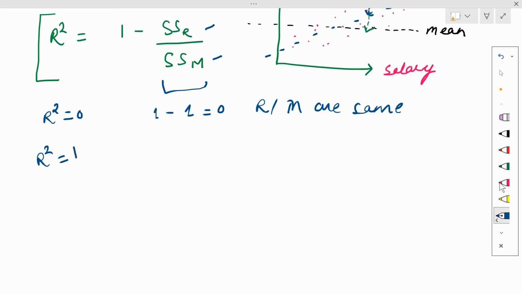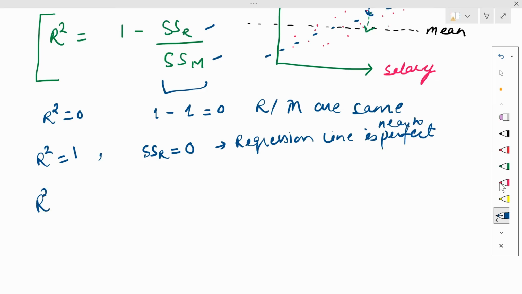Now, to have R square as 1, we need to have the second term as 0. The second term can be 0 only when the numerator is 0, which is the sum of squares of the regression line is 0, which means our regression line is not making any mistake. It is perfect or near perfect.